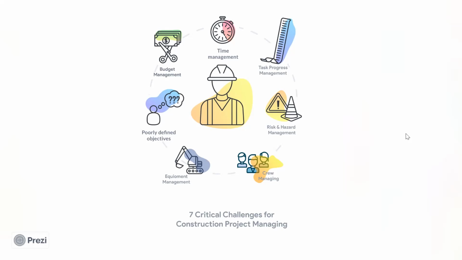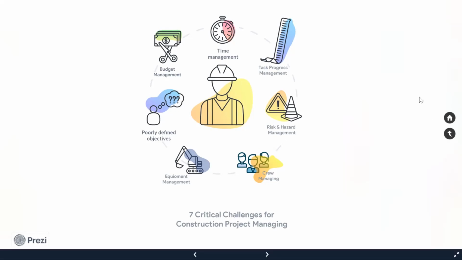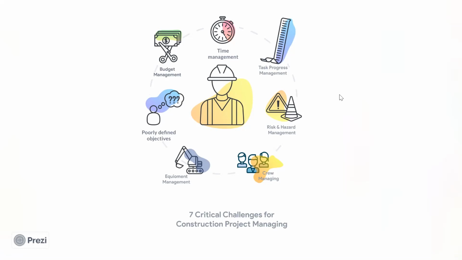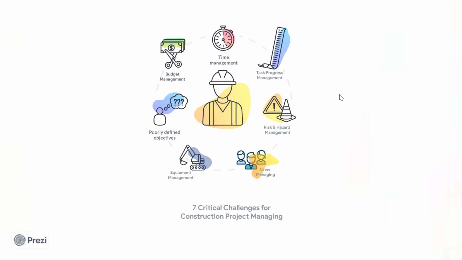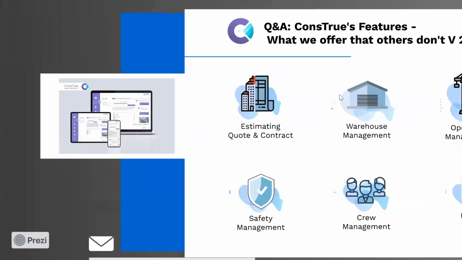If you look into the market, you're going to see that for each of these separate areas, a separate software is being offered. But we have not only integrated all those areas into one software, the features in each of these areas are also much stronger than what is being offered in the market. So if you can go to the next slide.